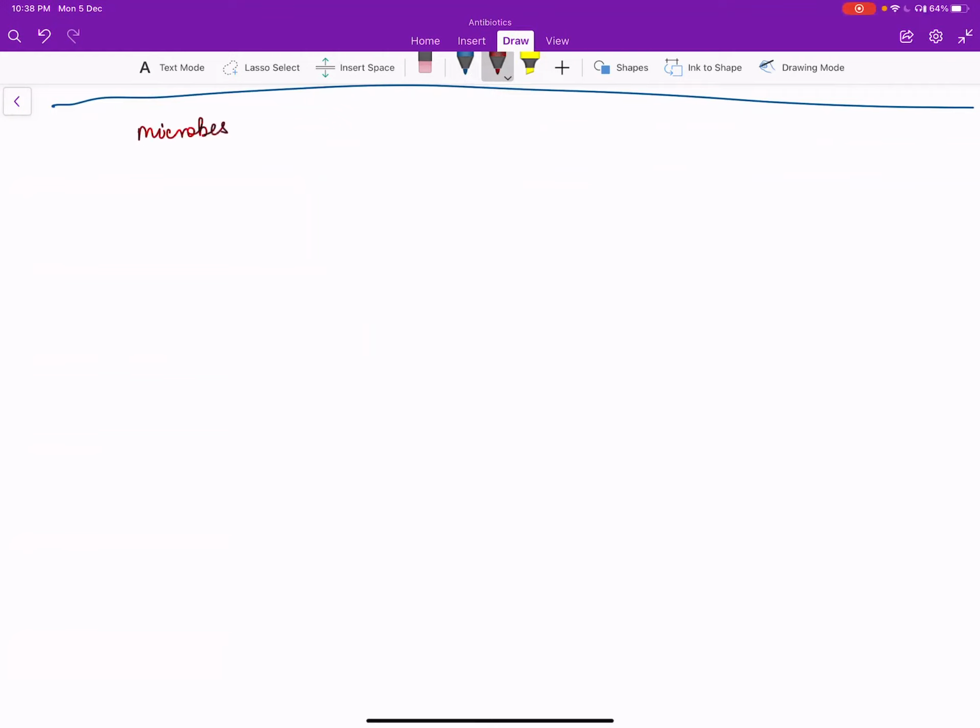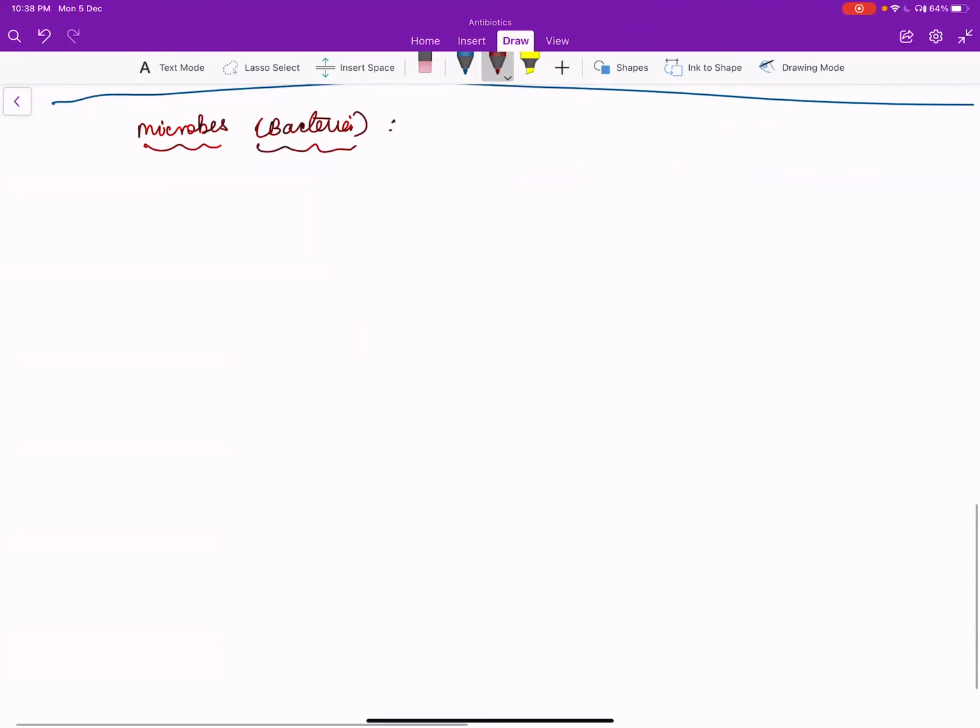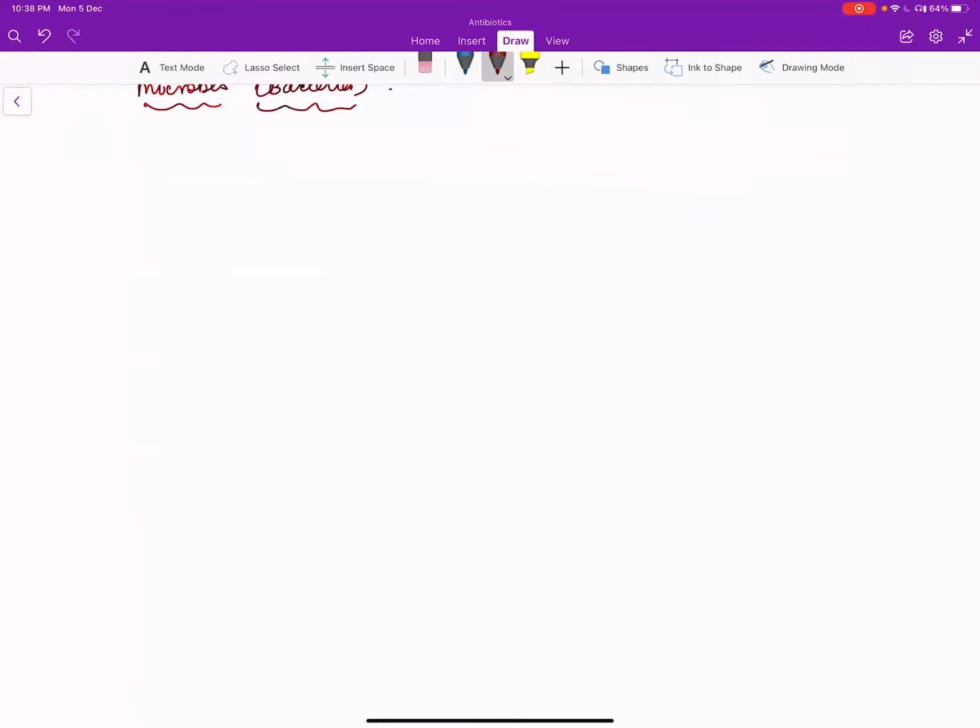Microbes. As I told you, we are going to discuss only bacteria. We are not going to discuss viruses, fungi, protozoa. So how do you classify bacteria? Basically: gram-positive cocci, gram-negative cocci, gram-positive bacilli, gram-negative bacilli, TB-like organisms, so mycobacteria, the mycobacterial spectrum of bacteria, atypical organisms, and spirochetes.